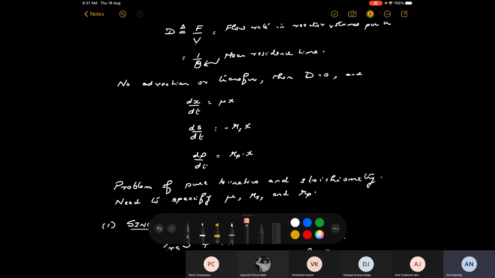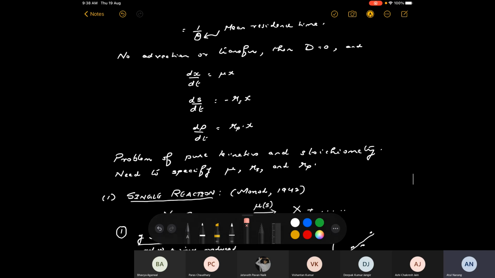The first question one needs to address before you can do anything further is to specify how mu, Rs, and Rp depend on the concentrations. Only then do you get a well-defined system of differential equations. So I must know mu, Rs, and Rp in terms of x, s, and p. That's when the picture is complete, and you can move ahead with the solution of the differential equation.